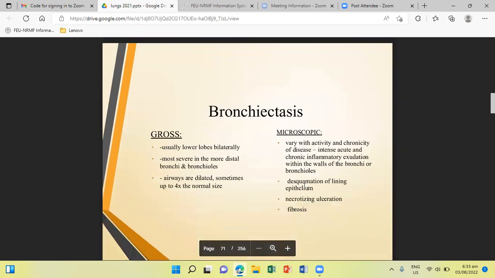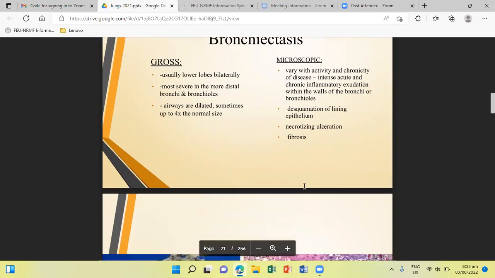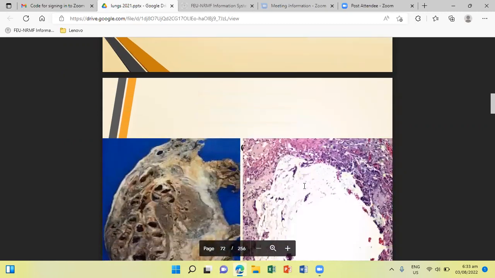So, when you look at the lung, it usually affects the lower lobes, bilateral at that. It is most severe in the more distal bronchi and bronchioles. It usually causes dilatation up to 4 times the normal size. So that when you take a look at it grossly, as you can see here, it is easily recognizable.